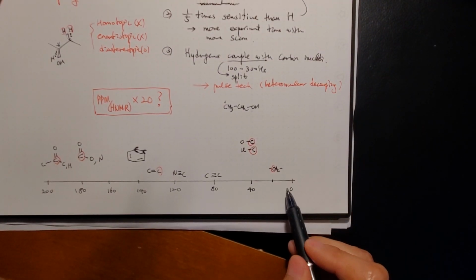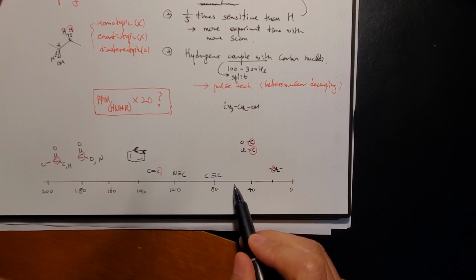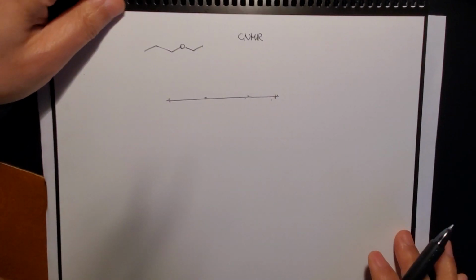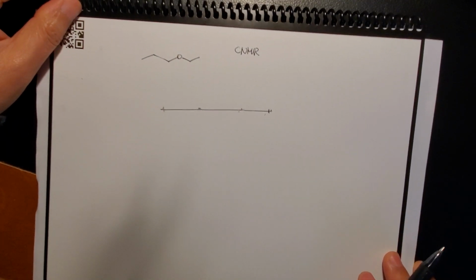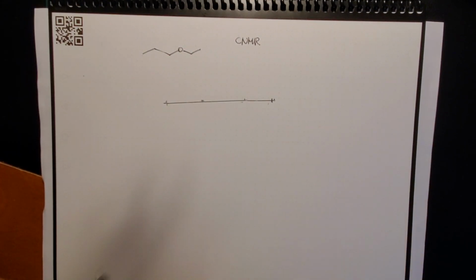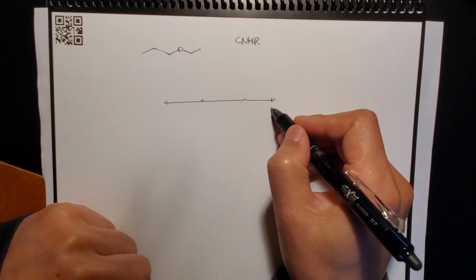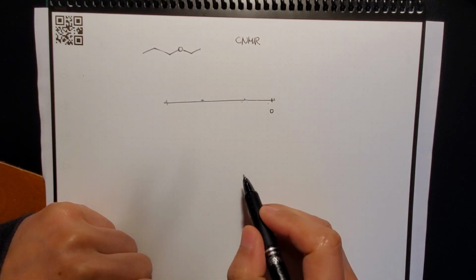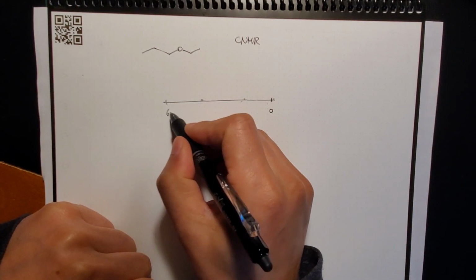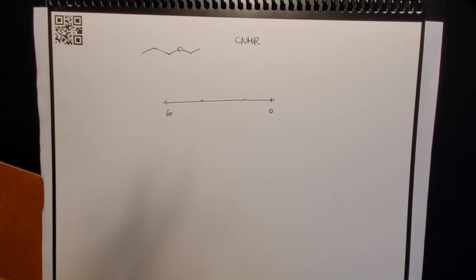If you remember, it's from 0 to about 50. Oh my gosh. In reality though, you can get numbers around 0 to 60 even.